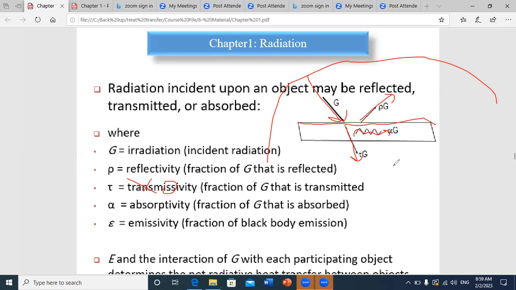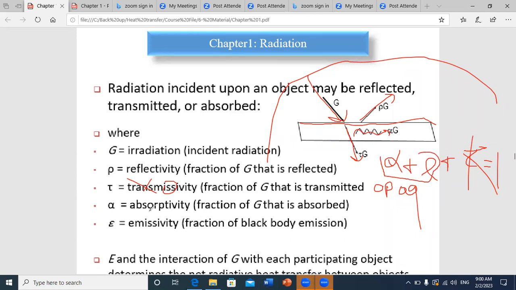The general equation is alpha plus rho plus tau is equal to 1, because the total percentage is divided into three parts. One is reflected, one is absorbed, one is transmitted. Now, in case they tell you you have an opaque surface, then you can cancel out the transmittivity term. This will be 0, and you will be left with just alpha plus rho equals 1.